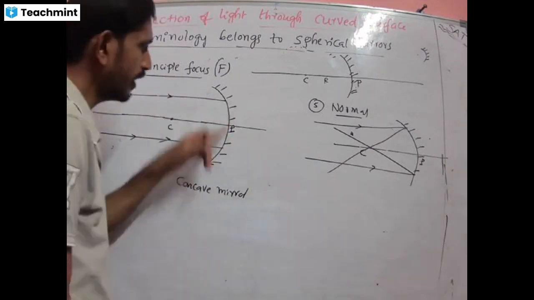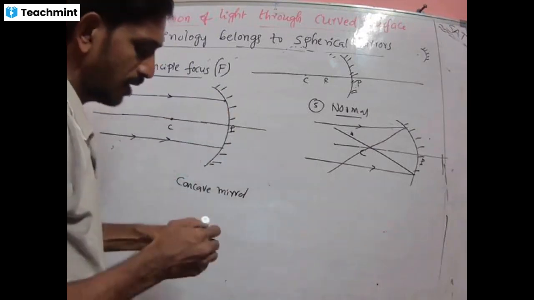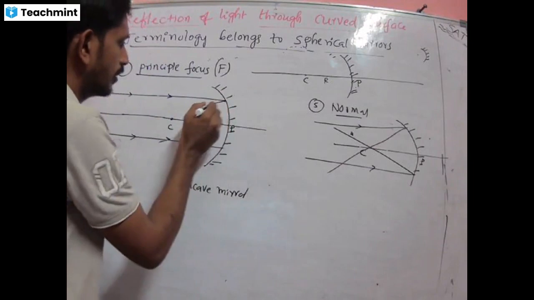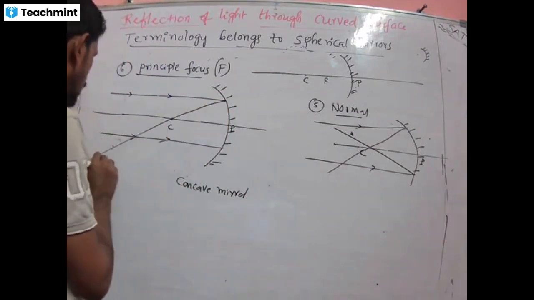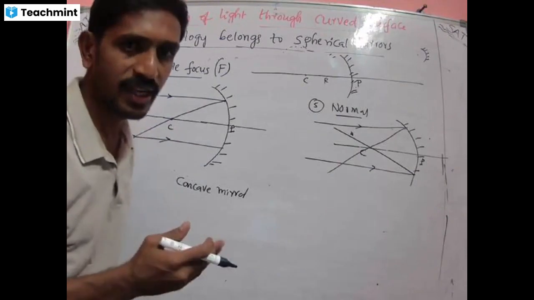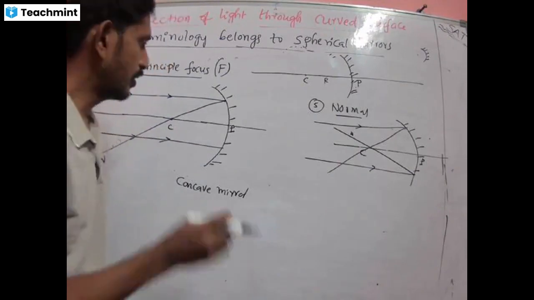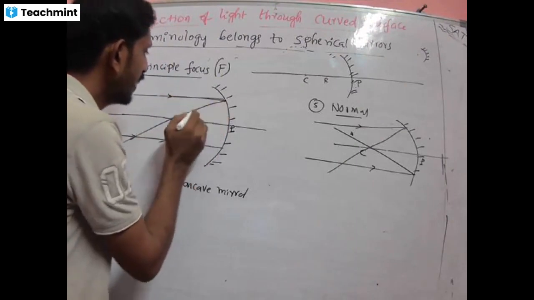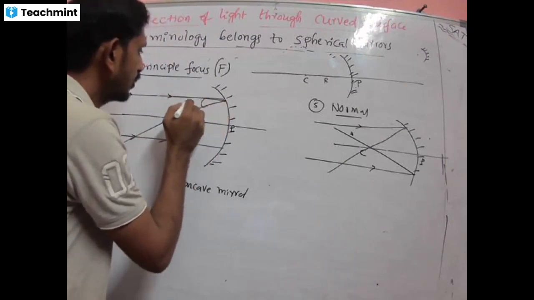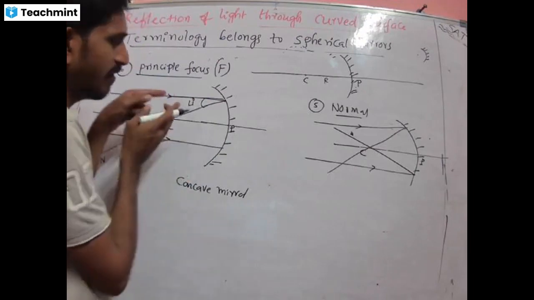Normal means just join this point of incidence and the center of curvature. This is my normal. What is the angle of incidence? The angle made by the incident ray and normal. This is the incident ray and this is my normal. This angle is called the angle of incidence.